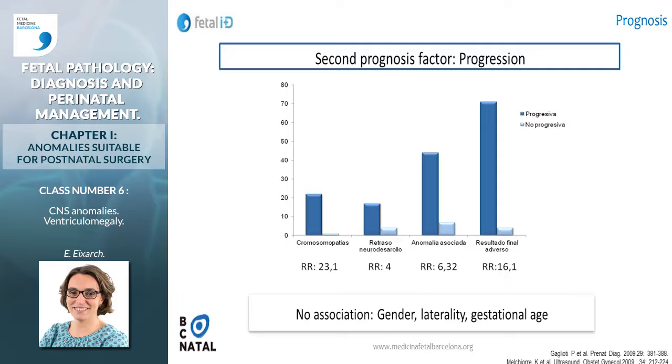So, if we see a ventriculomegaly that has increased in the follow-ups, we should change the prognosis and adapt it to the progression we are seeing. It is also important to remember that there is no association regarding gender, laterality, or gestational age at the moment of diagnosis.